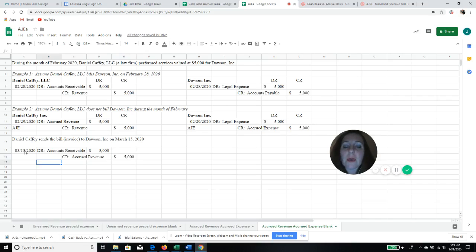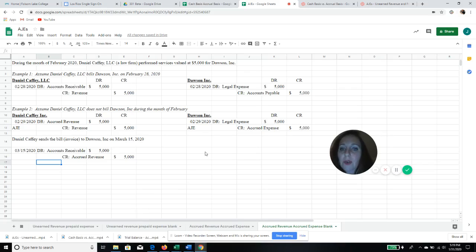At the end of February, we said we are owed $5,000 that we haven't billed. But once we bill it, then that balance is no longer valid. So we're going to credit, or reduce, accrued revenue by $5,000. So that account will be zeroed out. And we'll have the February revenue in the revenue account, and the accounts receivable for the bill that was sent in March will be in the accounts receivable account.